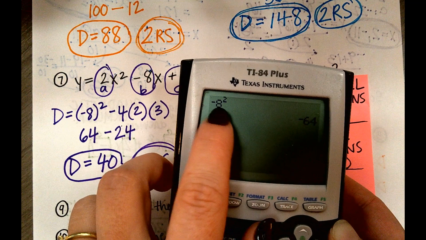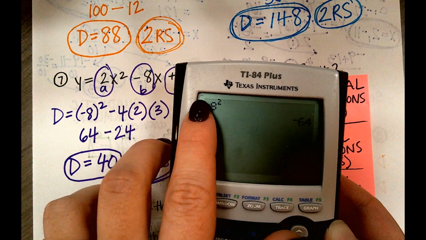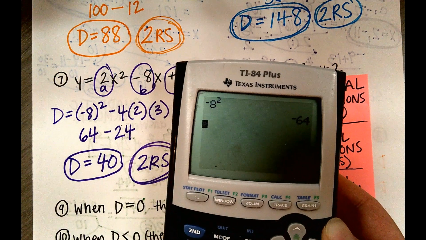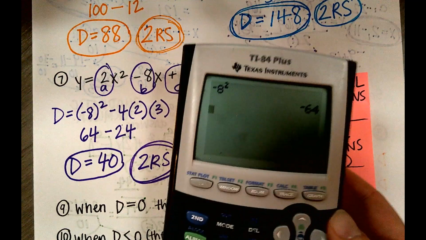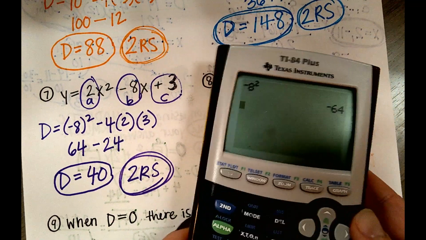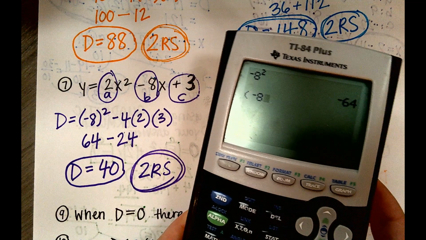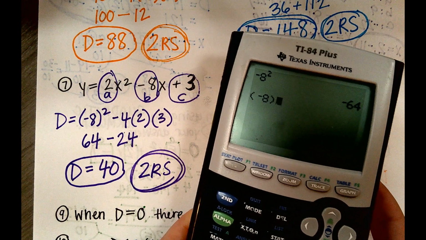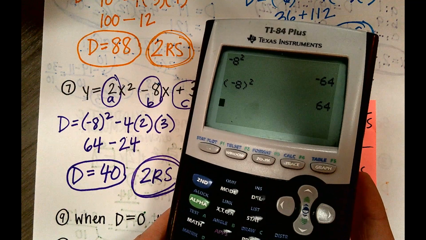So I'm going to do 8 squared, 64. Oh, but there's a negative in front of it. Let's put a negative. So weird, not natural feeling. But whenever you have a negative number and you square it, if you want it to come out correctly, you've got to put that number in parentheses before you square it. And you get the positive 64.